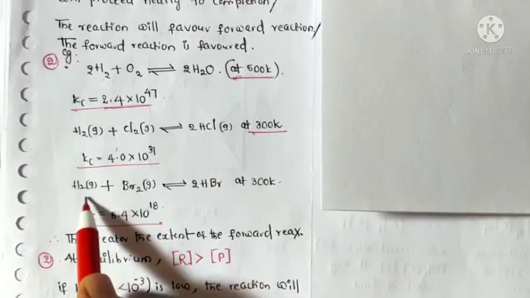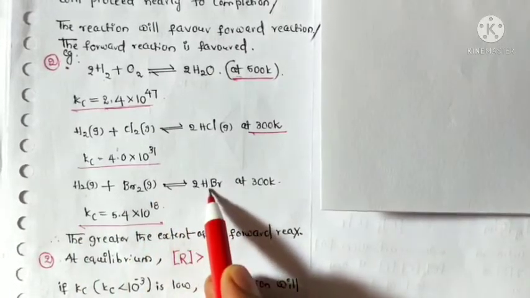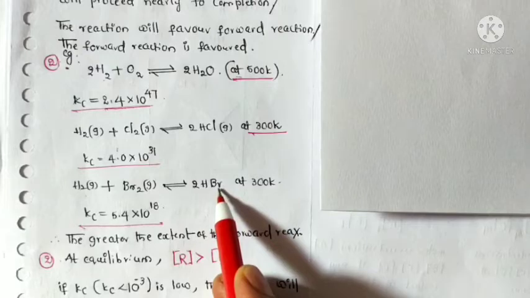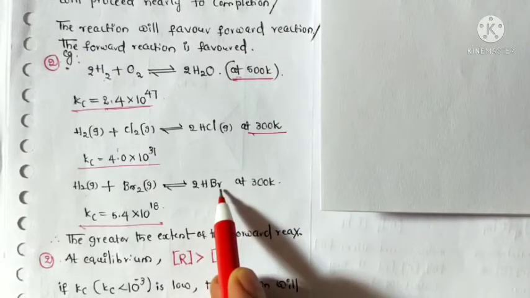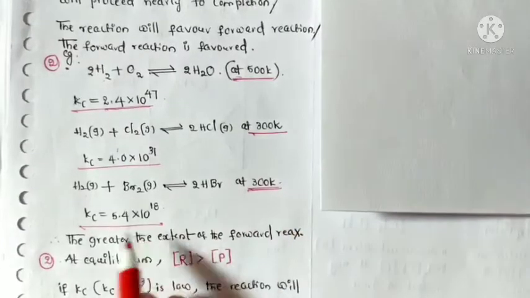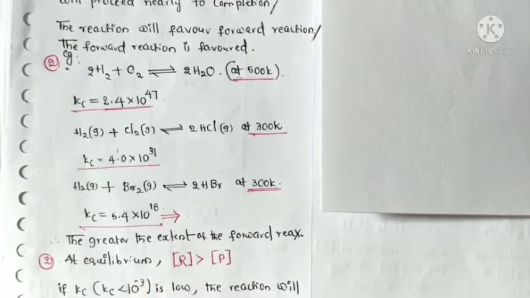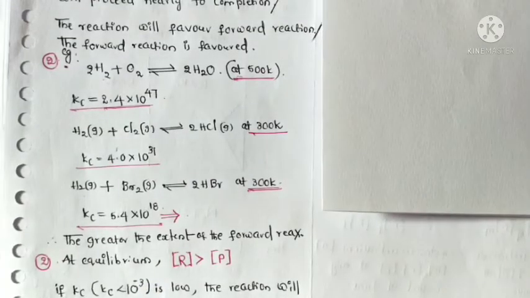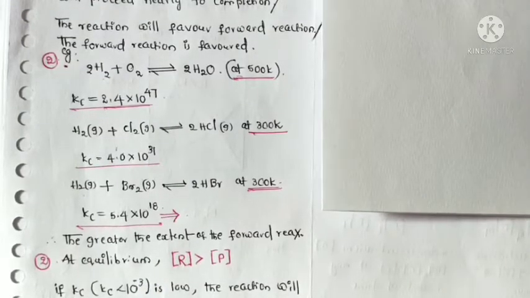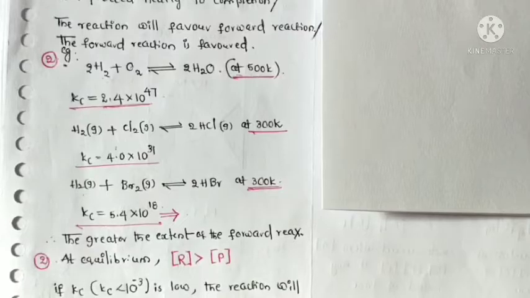The last one is hydrogen reacted with bromine to form hydrogen bromide at 300 Kelvin. How much is the equilibrium constant? It is also a very high equilibrium constant value. So that indicates the forward reaction is favored, or the reaction will proceed nearly to completion.